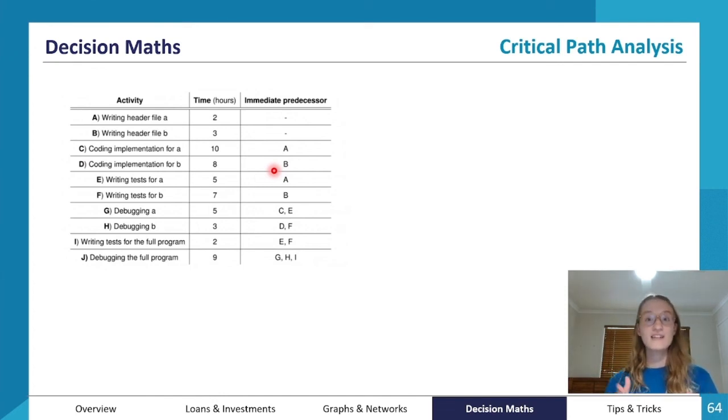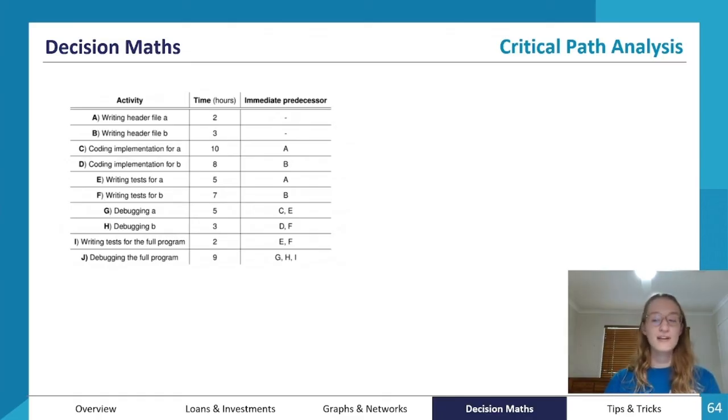They have activities that must be completed before these activities can begin, because you can't do the coding implementation before you write the header files. I don't know what that means, but I can tell that this has to happen before this, because I've been told that A is an immediate predecessor for C and B is an immediate predecessor for D. So they have to happen before the next activities can start.